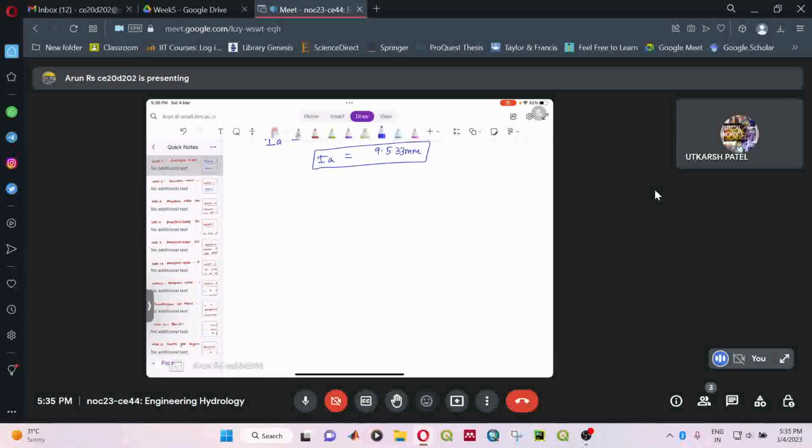So now we can check whether runoff happens or not. First I'm going to write the time interval and rainfall. So 0, 1, 2, 3, till 7.